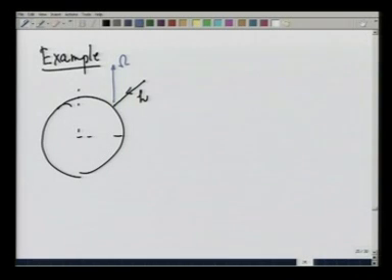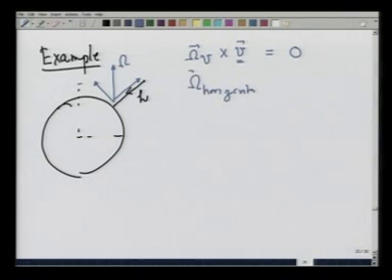It has two components, one the vertical component, one component going towards the north, and you will see that omega v, the vertical component, cross v, because the particle is dropping straight down, is 0. So, the deflection would come because of the omega horizontal. Let me call this omega horizontal, omega vertical, cross v is not 0.